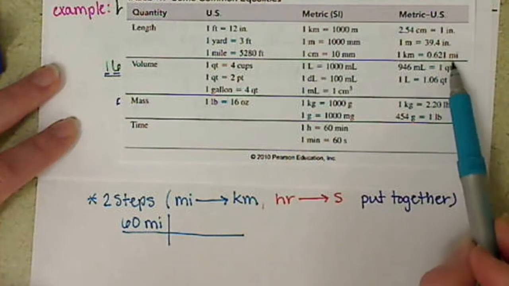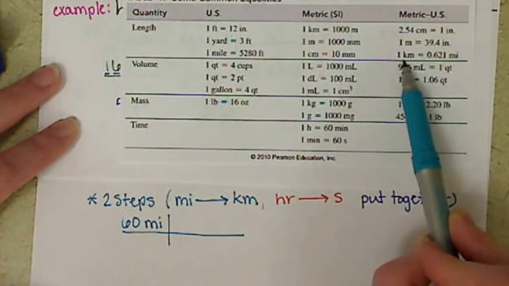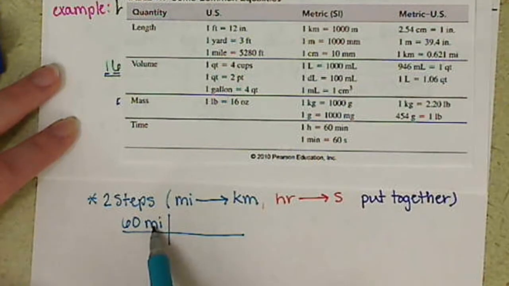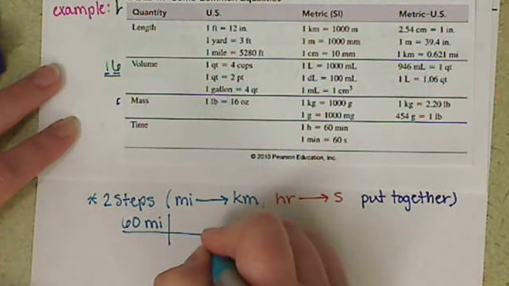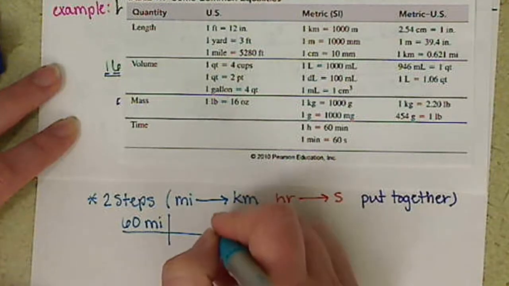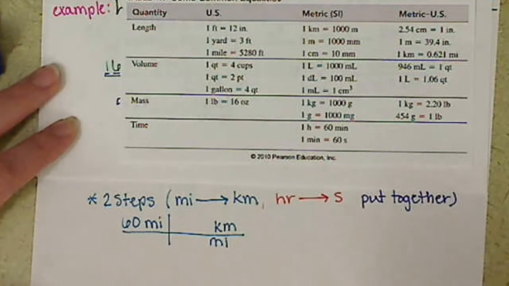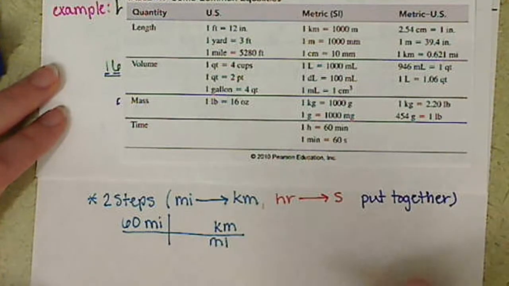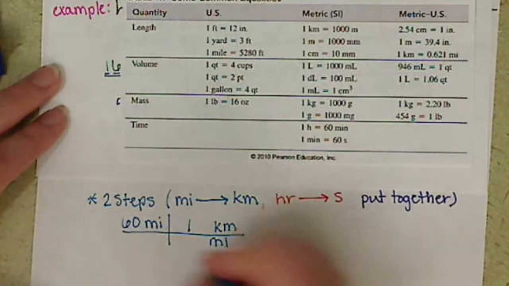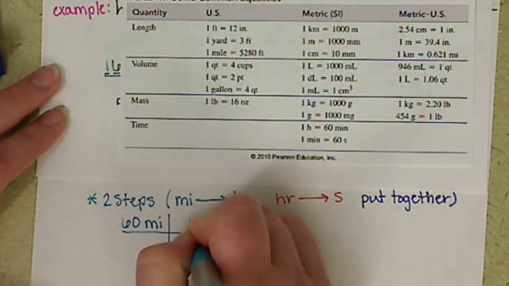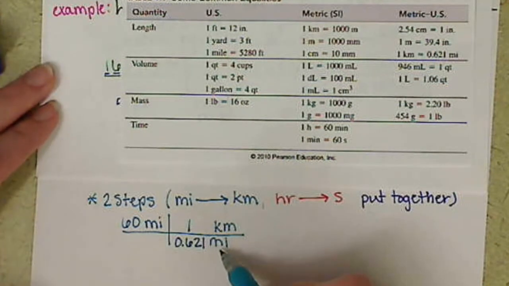Perfect. So we can do it in one step. So we want to go from miles to kilometers. Miles is in the numerator, so we put miles in the denominator. We're trying to convert to kilometers, so it goes up top. We put our 1 with the kilometer, our 0.621 for our miles.